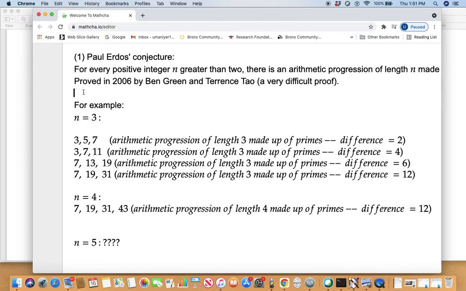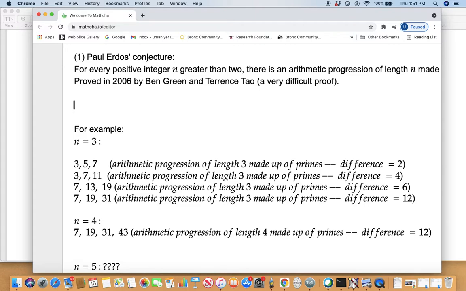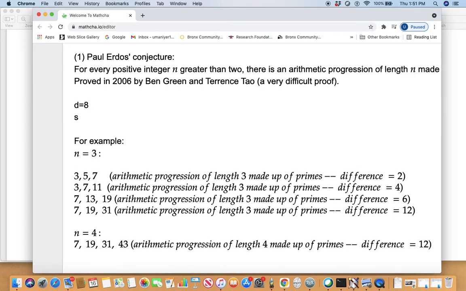For example, let me say the difference equals, I don't know, 8, and my starting number equals 4.